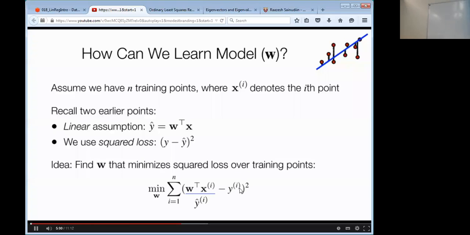In particular, for a given data point x, note that the inner product between W and x is the model's prediction, denoted as y hat. Hence, for a given model W, we are computing y hat for each of the n training points, then computing the squared loss between y and y hat, and finally, taking the sum of these squared losses for all of the n training points. And our goal is to find the W that minimizes this summation.